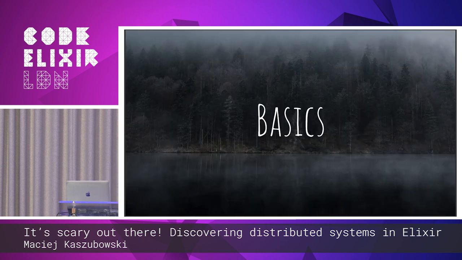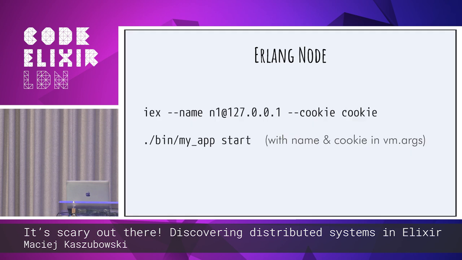So starting with the basics, in order to have an Erlang or Elixir cluster, you have to have multiple nodes. And you start a node by running IEx and passing name and cookie parameters, or by starting a release and providing these values in the VM args file.